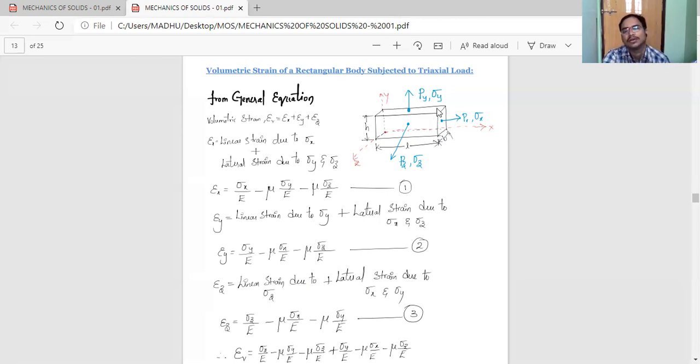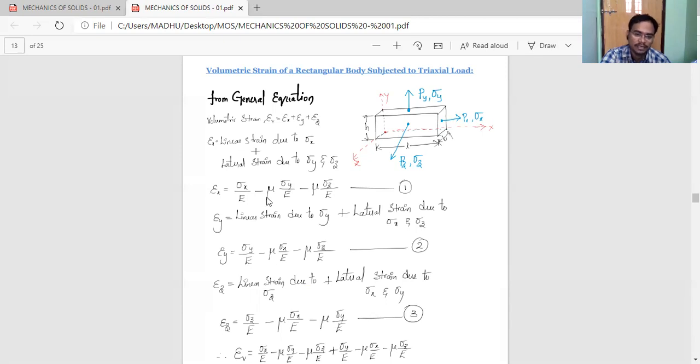So when we consider all this, we get the expression for epsilon v. Epsilon v is equal to epsilon x plus epsilon y plus epsilon z. Epsilon x is the linear strain due to sigma x plus the lateral strain due to sigma y and sigma z.